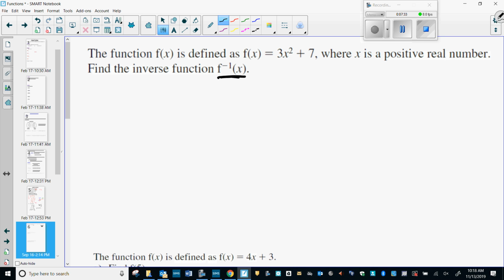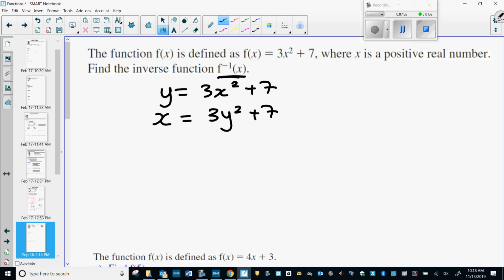Alright, so here we go. We've got y equals 3x squared plus 7. Next step is, we write x equals 3y squared plus 7. Rearranging to make y the subject, make sure you're moving things or undoing them in the correct order.